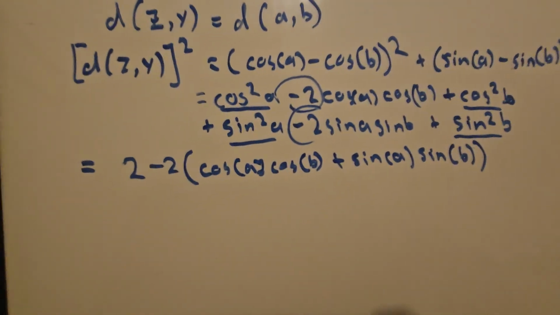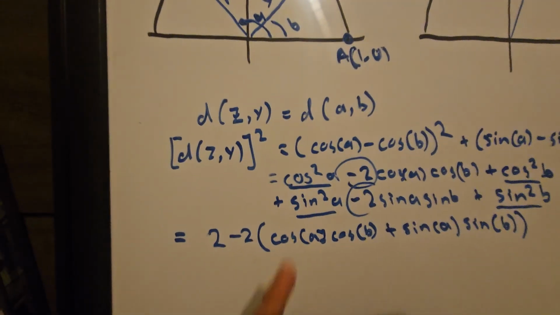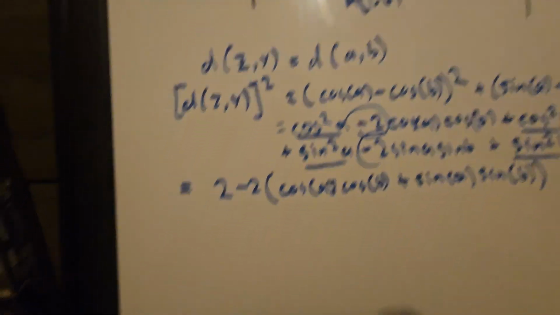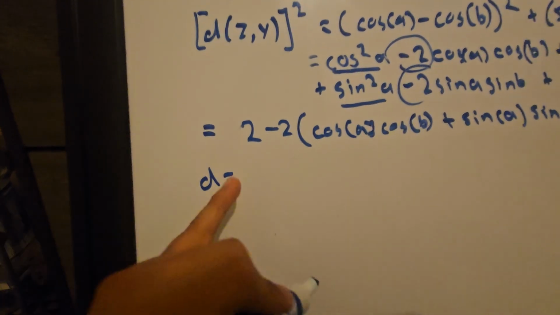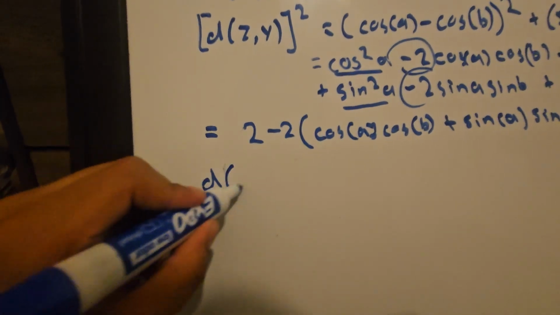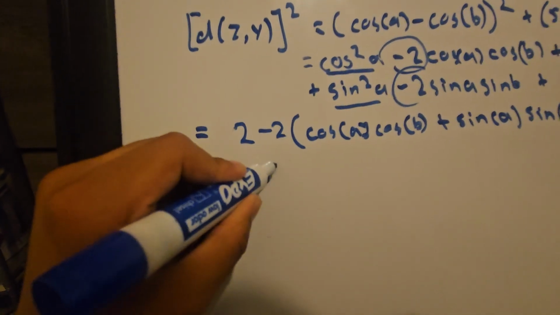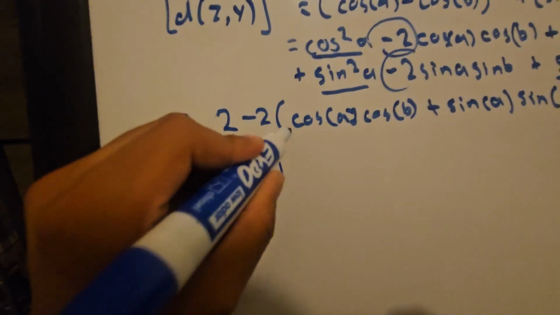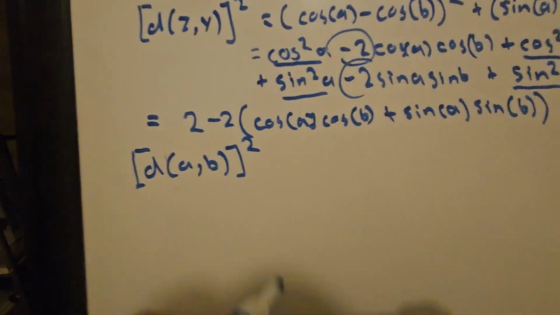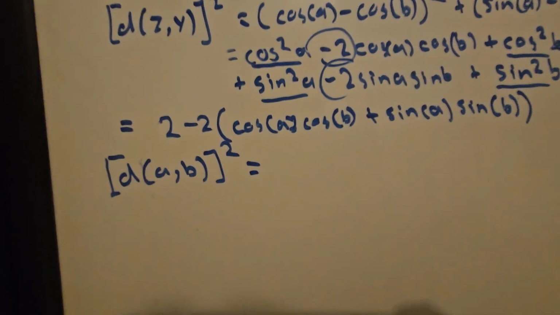All right, so now let's go ahead and move on and do this one. The distance between point A and point B. Again, we're going to square both sides of the distance formula so that we can get rid of the square root and not have to deal with that.